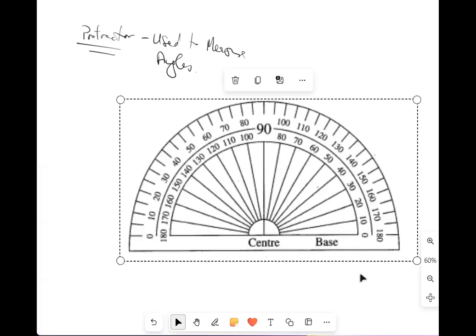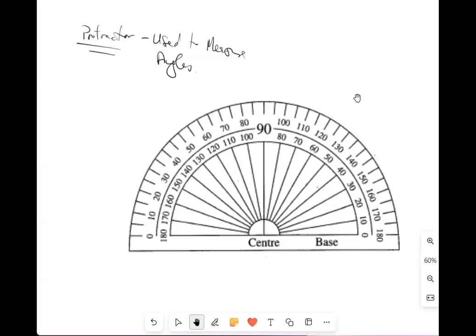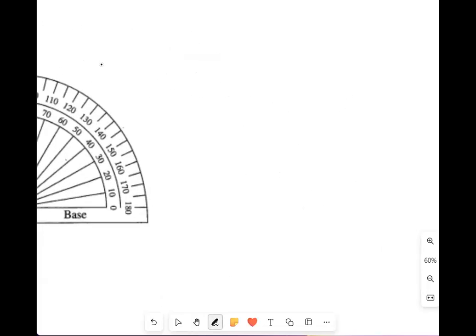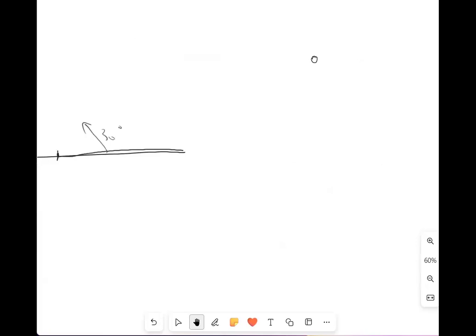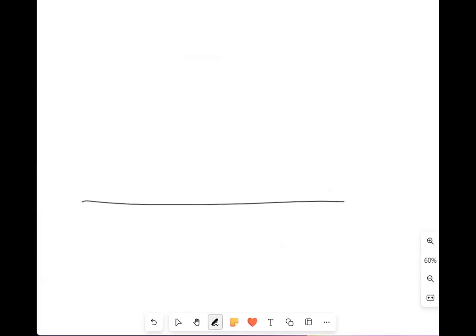So when you're measuring angles, let's say you have a line somewhere here, and you want a line that makes 30 degrees with this line. You take this protractor. I have a line, and this is my center point here, right?